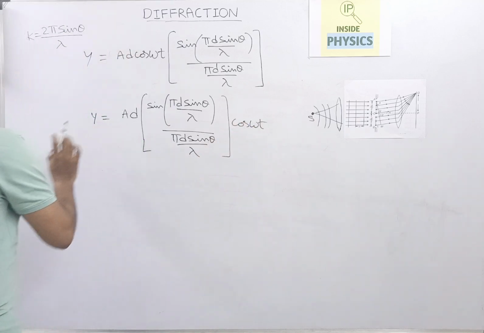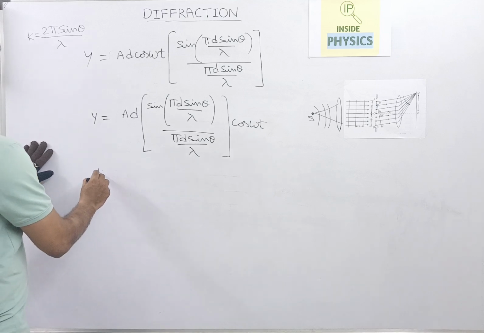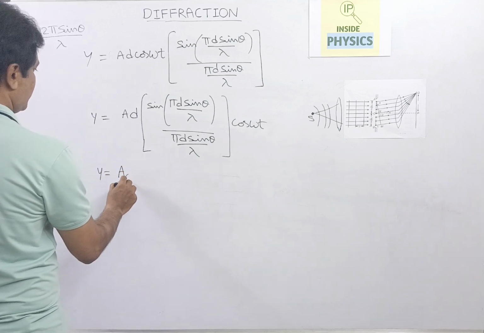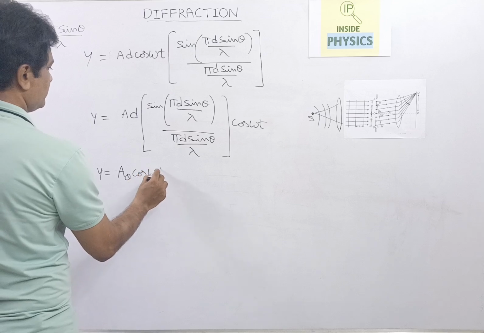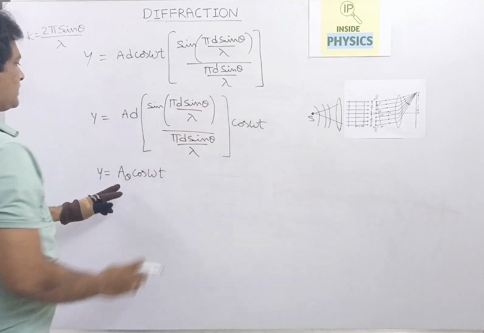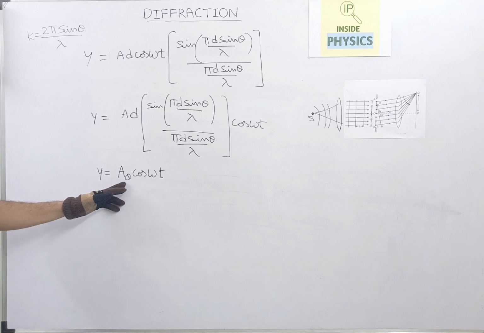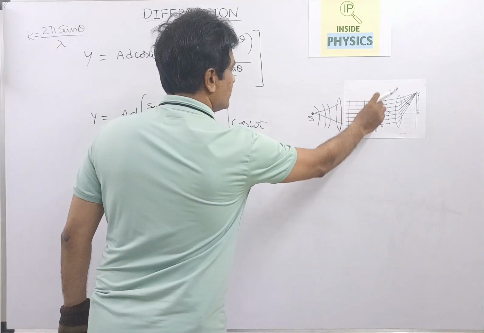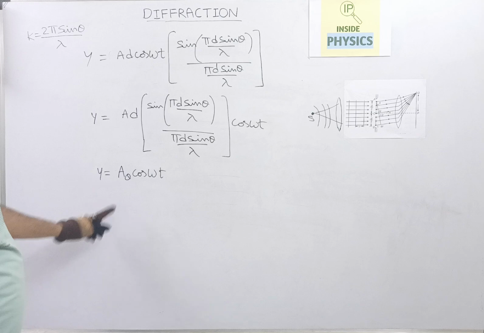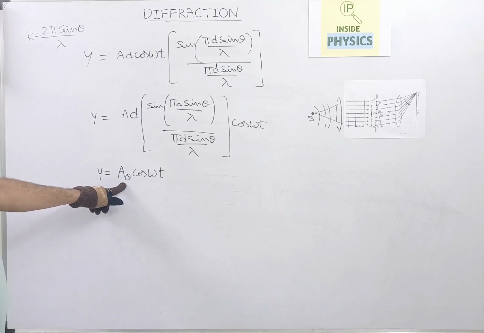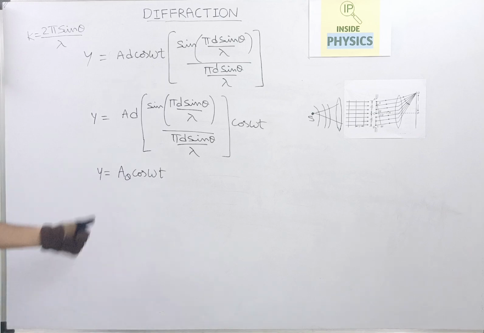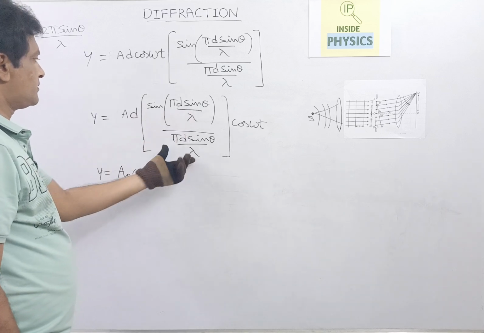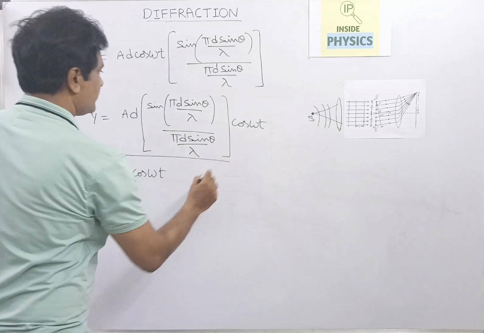So I will write this as y equal to a theta cos omega t, where this whole term is considered as a theta. The amplitude is obtained by the diffracted rays passing through the slit of width d, diffracted at an angle theta. So all the interference pattern will depend on the diffracting angle only, where a theta is equal to AD into this part.